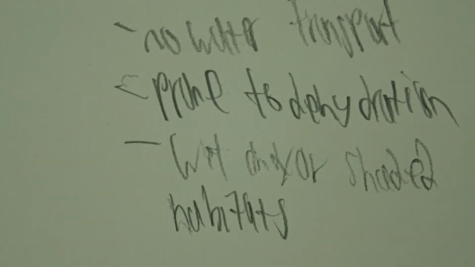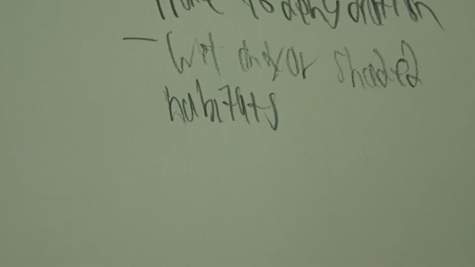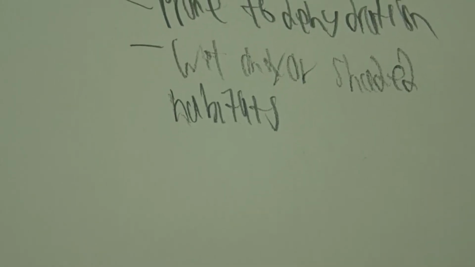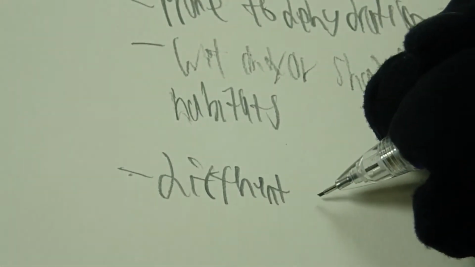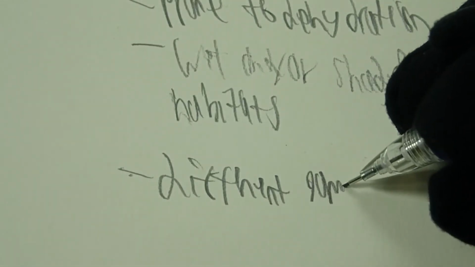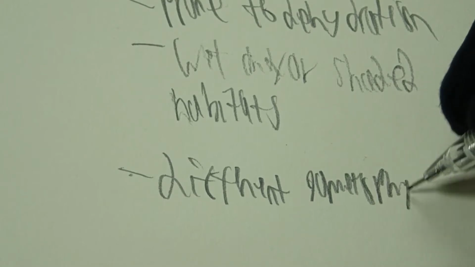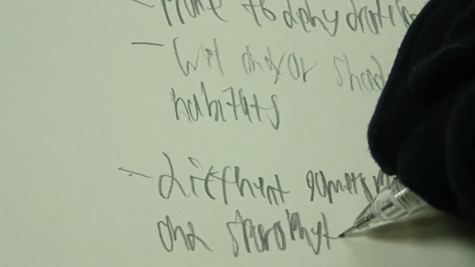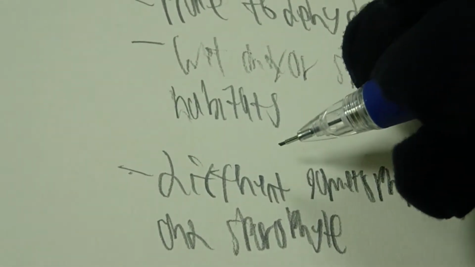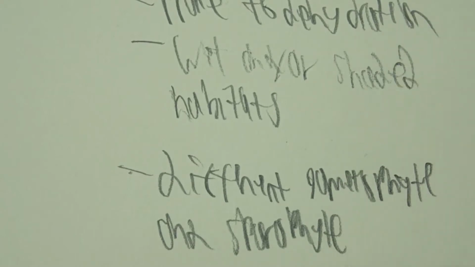Now, with mosses, the alternation of generations, unlike in green algae, the gametophyte and sporophyte are visibly different. So, different gametophyte and sporophyte.